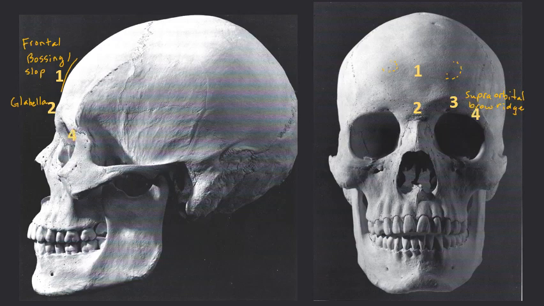Number four, I'll go back. No, I can write on this side. This is the supraciliary arch. And what we're doing is we're just kind of feeling inside, seeing how thick that area of the frontal bone that's making up the orbit is.